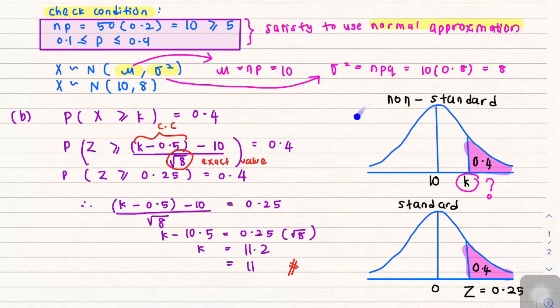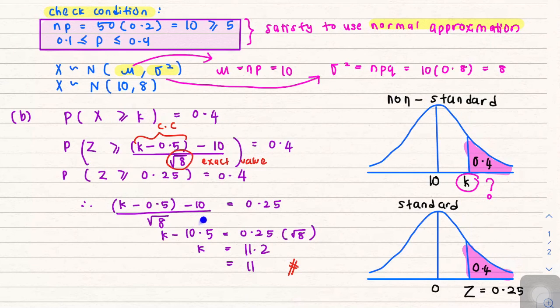So this is the illustration. You have the mean value of 10 and then you have to find the k here with the probability 0.4. So if you find from the normal table, this is the standard normal, your mean is 0. So your z value is 0.25. So 0.25 is equal to 0.4 and then you just equate these two values.